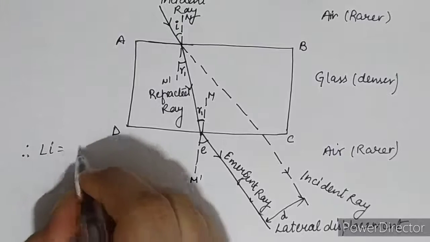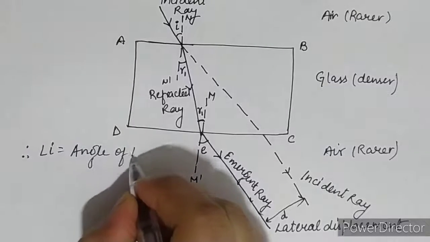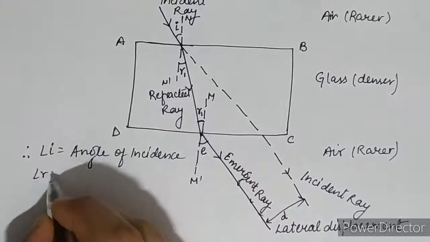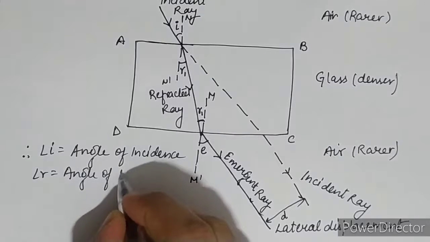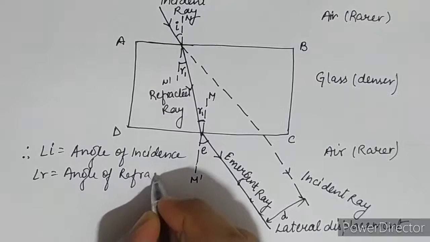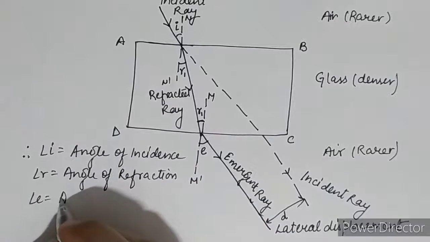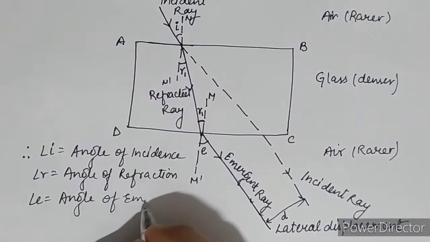And I just told you that angle I is the angle of incidence, angle R, or we can say R1, is the angle of refraction, and angle E is the angle of emergence.